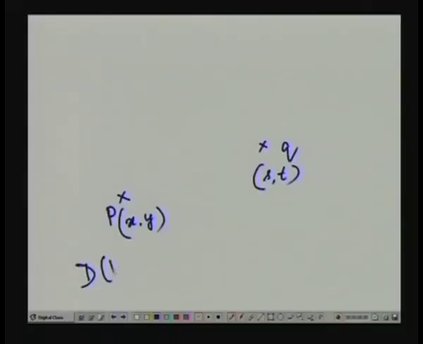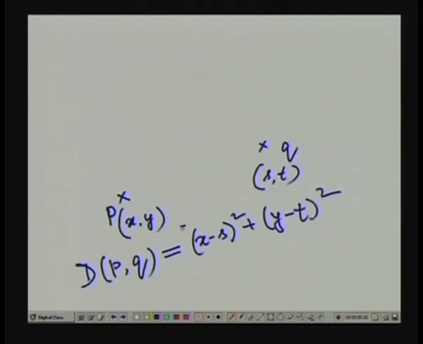Say for example, if I have 2 points, say one point P and another point Q, and I know that the coordinate of point P is given by x, y, and the coordinate of point Q is given by s and t, then we all know from our school level mathematics that the distance between the points P and Q, which I represent as dpq, that is distance between P and Q, will be given by the square root of (x minus s) square plus (y minus t) square.